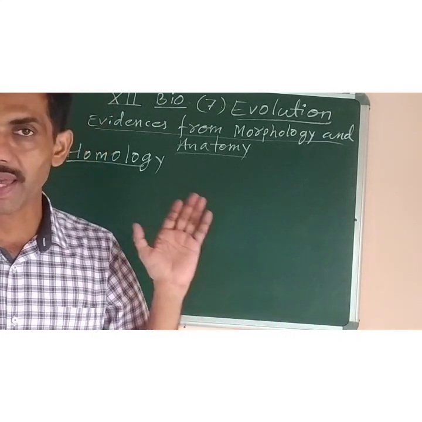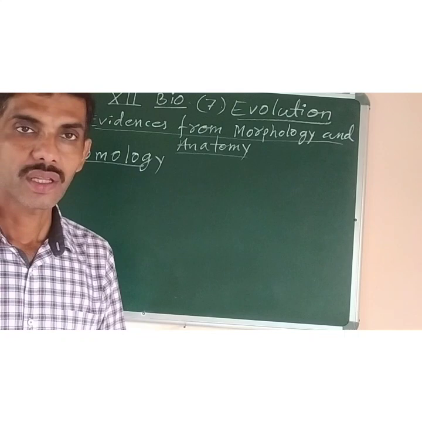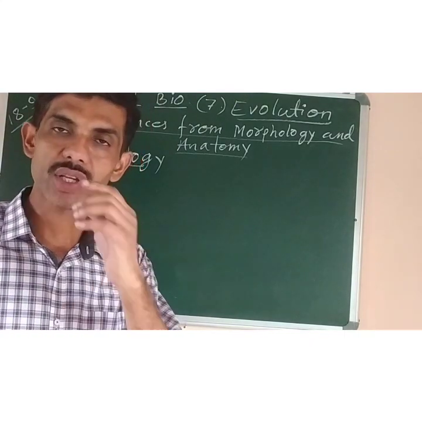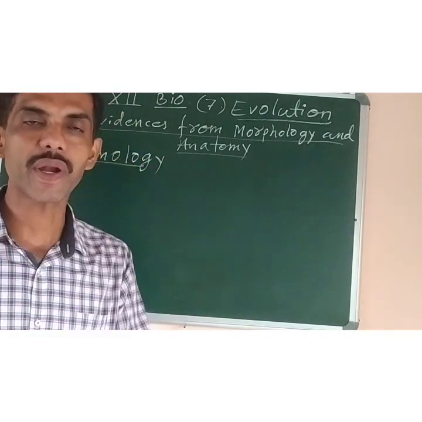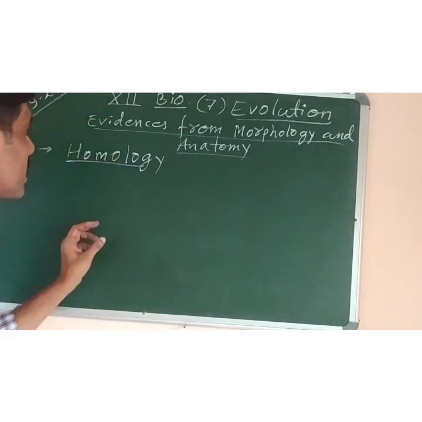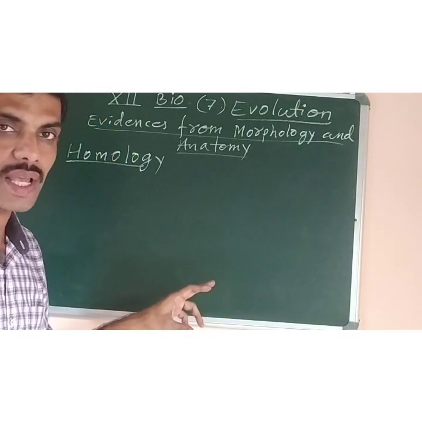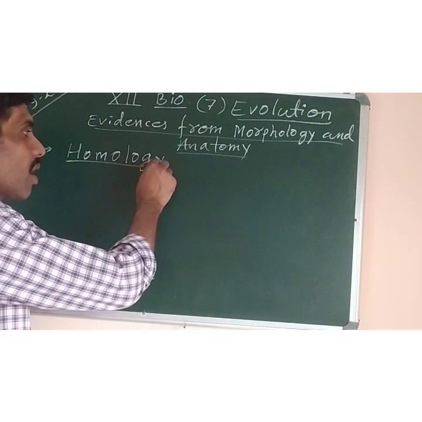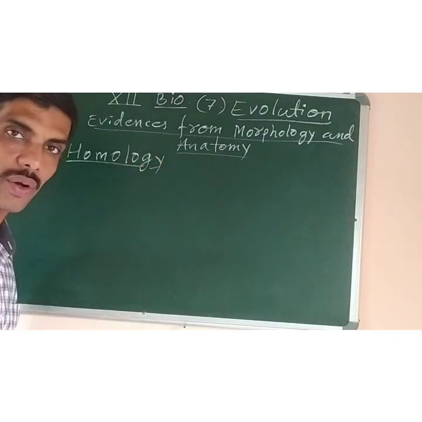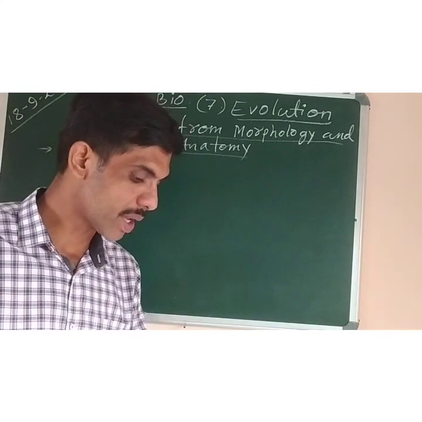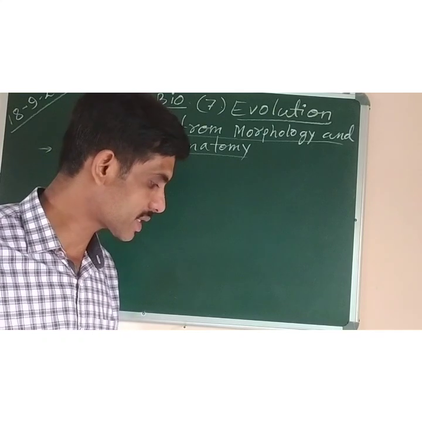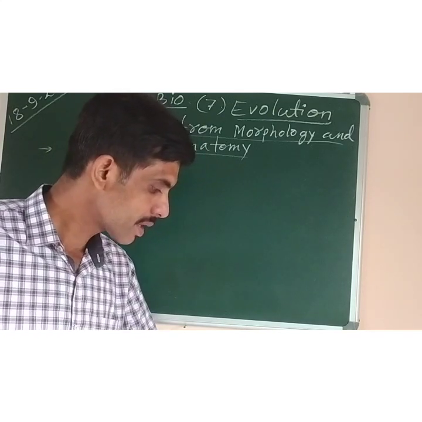So although they are carrying different types of functions, the same forelimbs which have a common origin carry out different types of functions. Such organs are called homologous organs, and this type of structure is called homology.